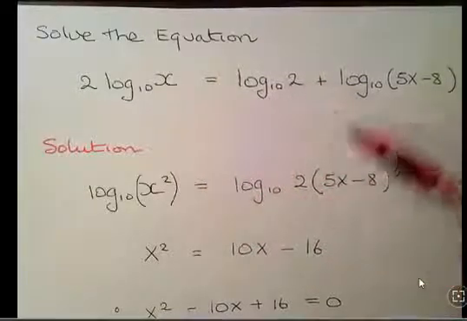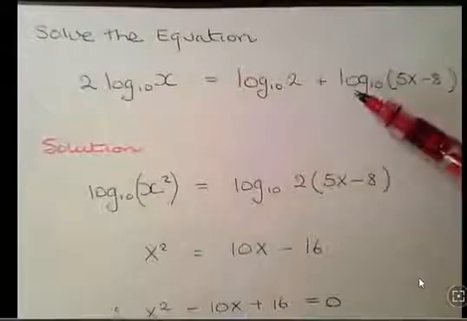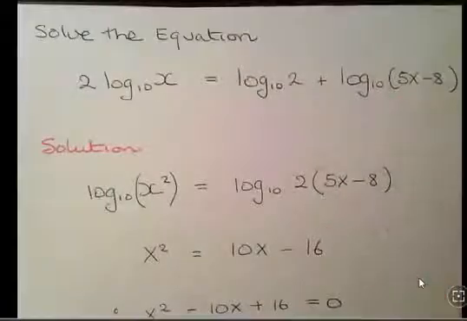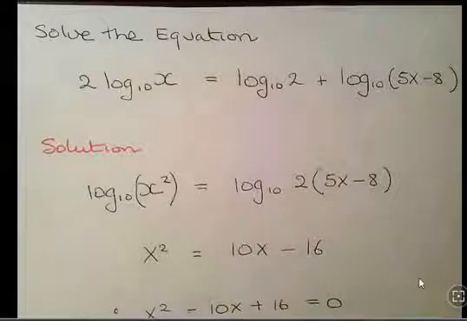We have two logarithms here, so we can combine them into one single expression: log of 2 to the base 10 plus log of 5x minus 8 to the base 10. We can multiply out 2 and 5x minus 8 to get 10x minus 16.